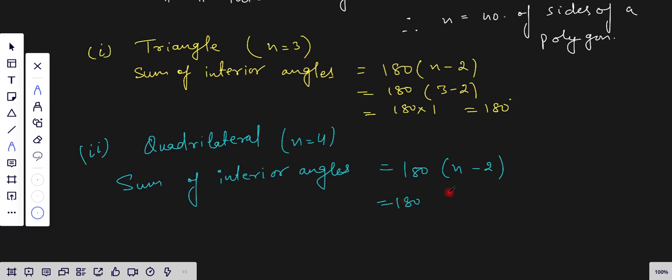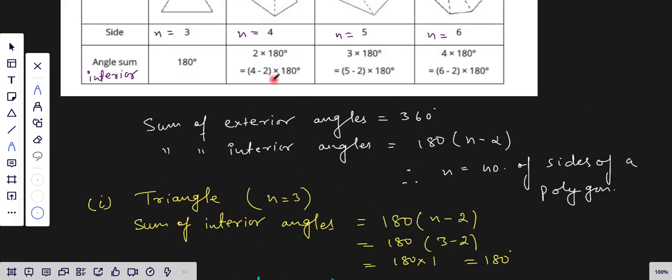So you can write 4 minus 2, which gives 2 times 180, equal to 360 degrees. Similarly, 5 minus 2 is 3 times 180, which is equal to 540 degrees. Similarly, 4 times 180, which is equal to 720 degrees.